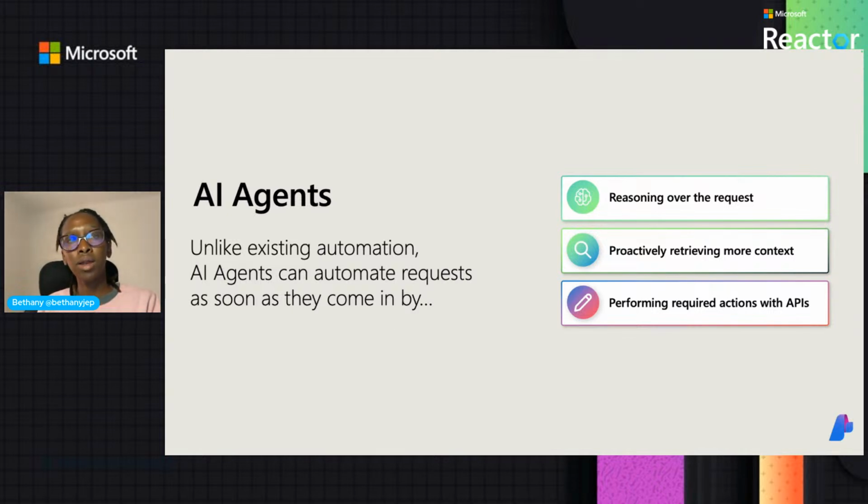And then the second bit is they use tools. Most of the time it might be APIs, where you're trying to work with different APIs, be it Bing, be it a code interpreter API, to implement something and perform a task at the end of the day. So at the end of the day, the AI agents should be able to perform a task.